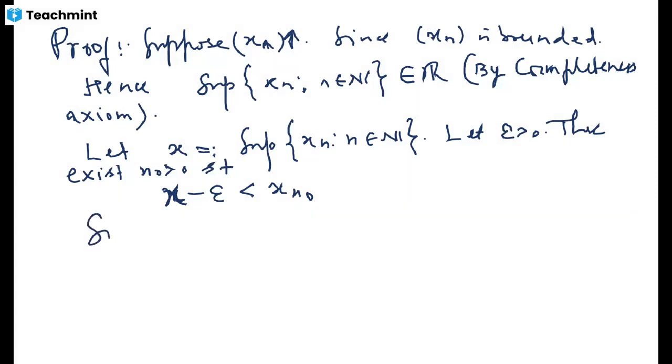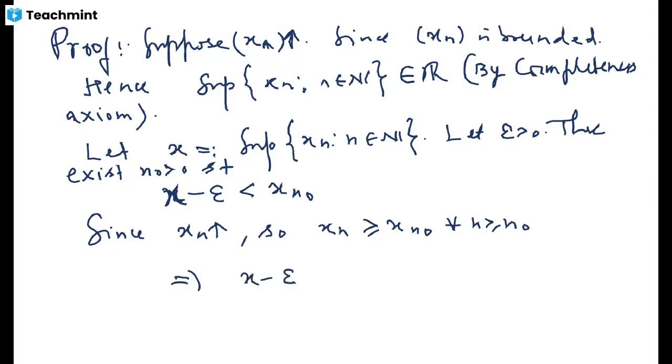Now since this is an increasing sequence, every other term is going to be greater than or equal to x n naught for every n greater than or equal to n naught. What it implies is that x minus epsilon is less than x n naught, and this is less than or equal to xn, and this is true for every n greater than or equal to n naught.